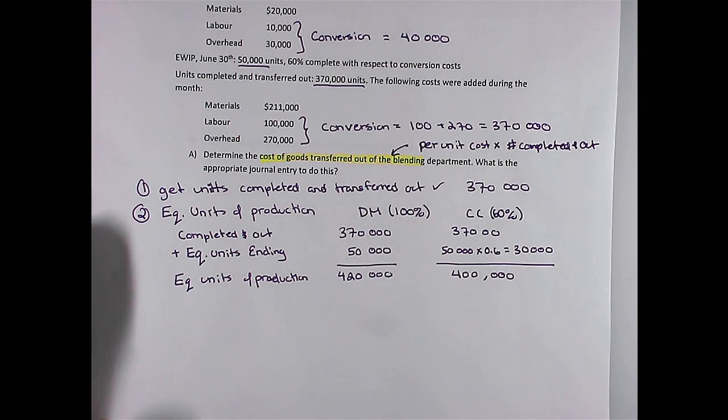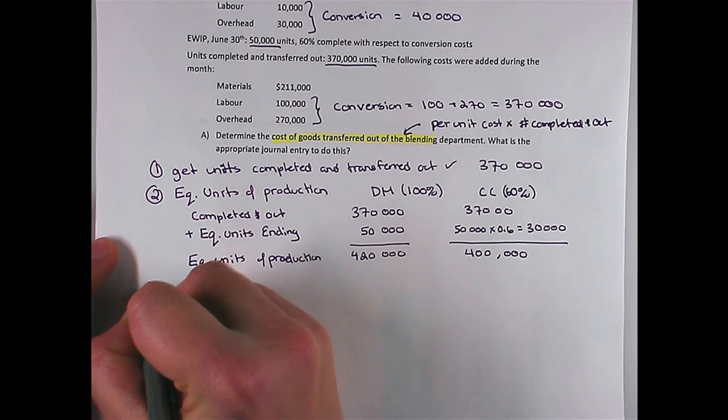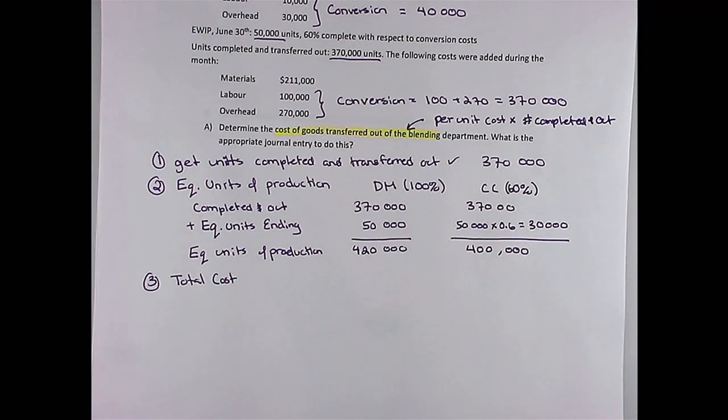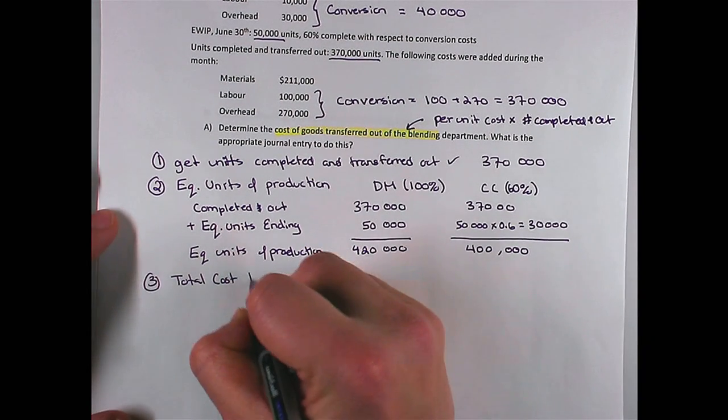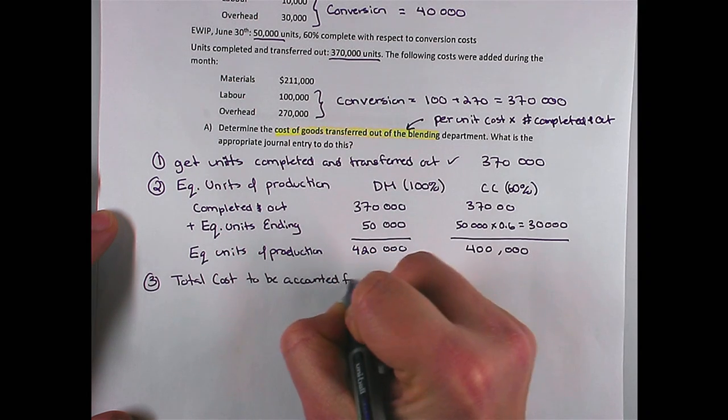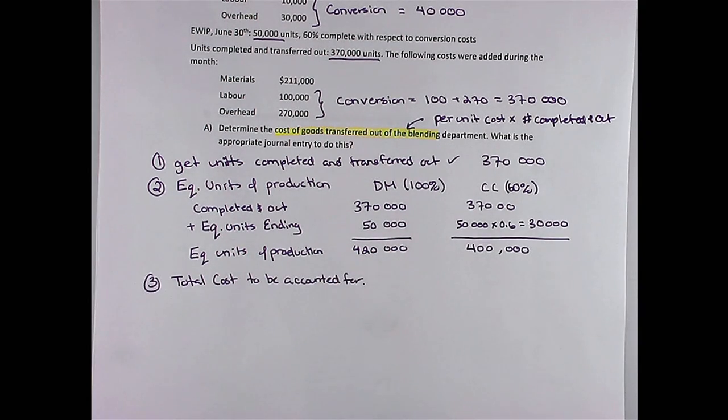So that's what comes next, figuring out the total cost, and we often refer to this as the total cost to be accounted for. Because we actually know what these costs are. They're up above. It's just that we're trying to reallocate them from what we're going to have right here to our direct materials and our conversion costs, so then we can take them and put them into what's been transferred out and what's left in our work in progress inventory.